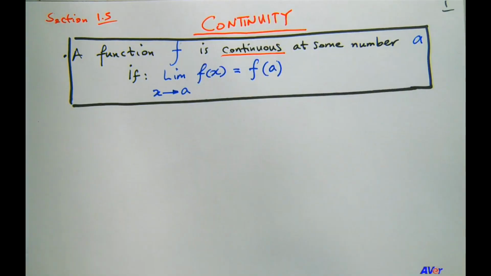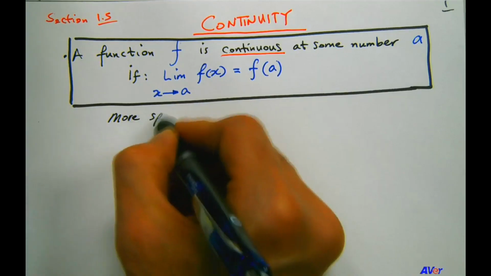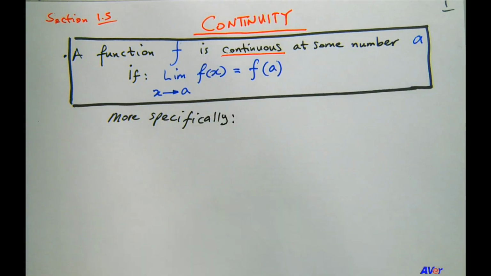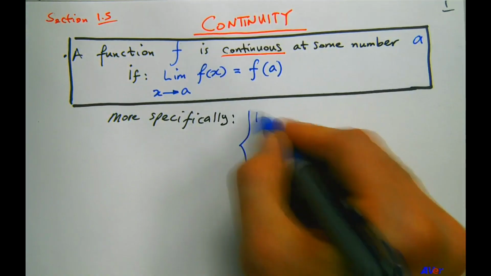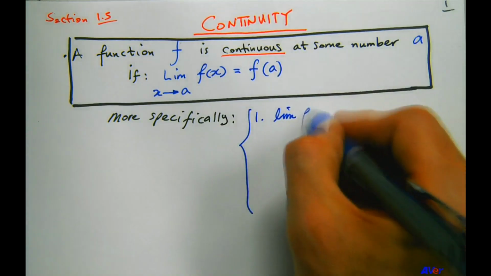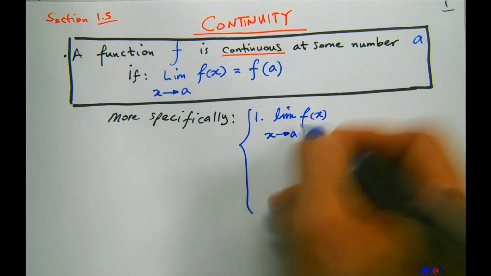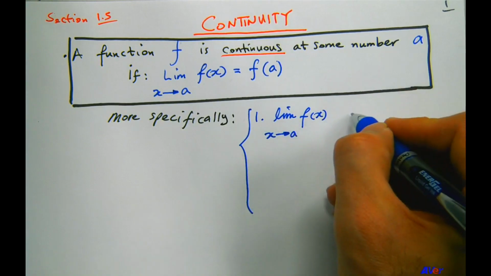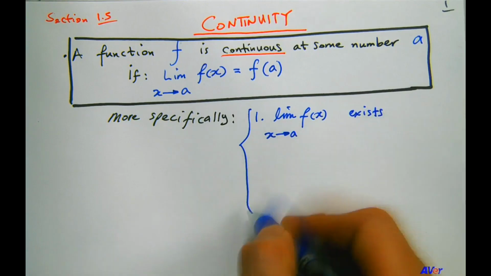Okay, so more specifically, this is what we mean. Number one, the limit of the function f of x as x approaches a exists.